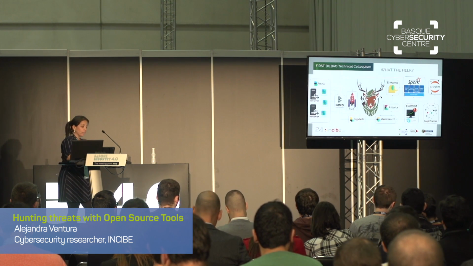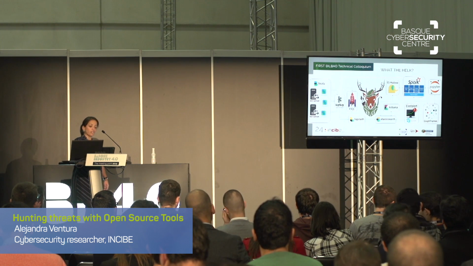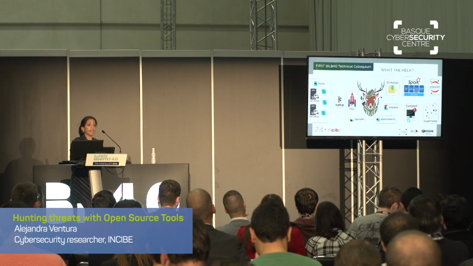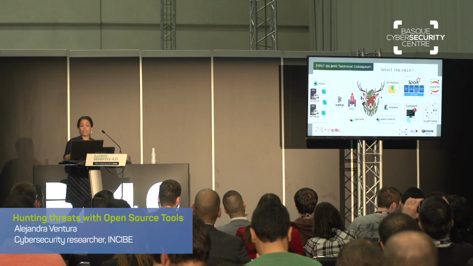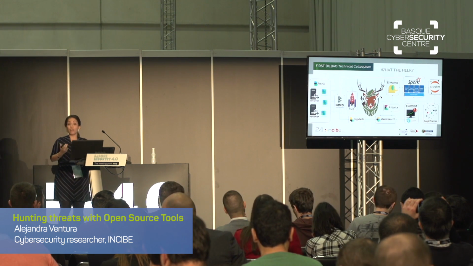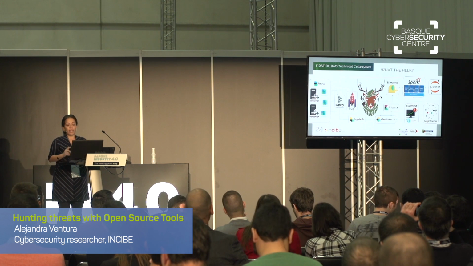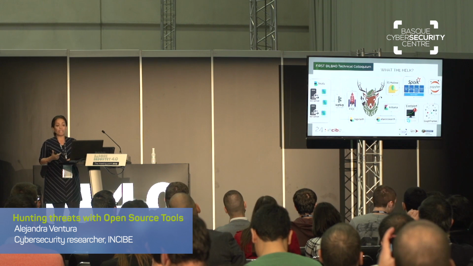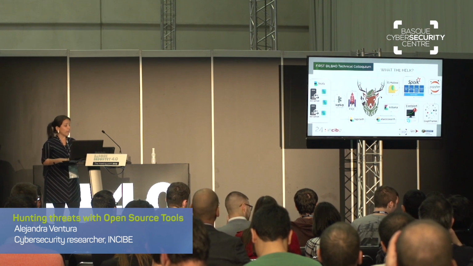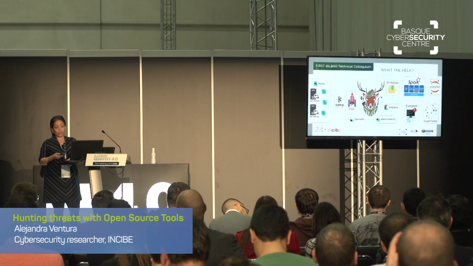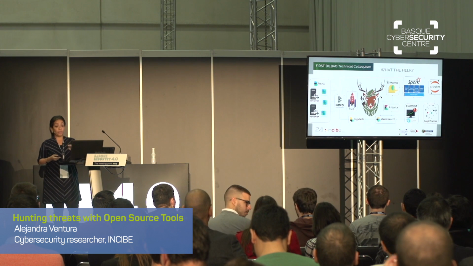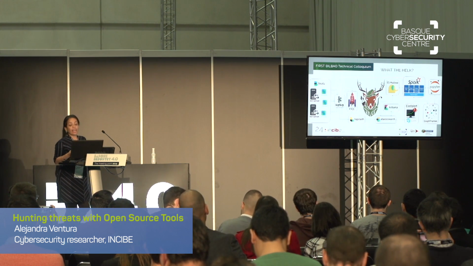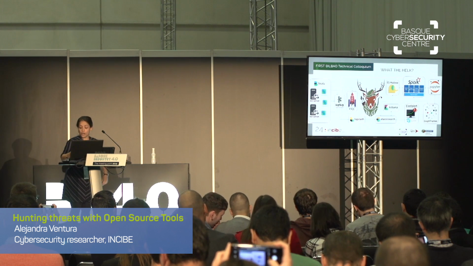So suppose we don't want to use honeypots because they need a lot of time. We want to try to hunt threats. There is another tool, HELK, that we can try.